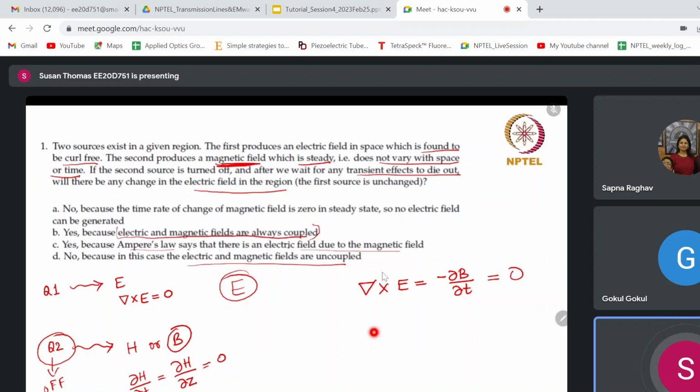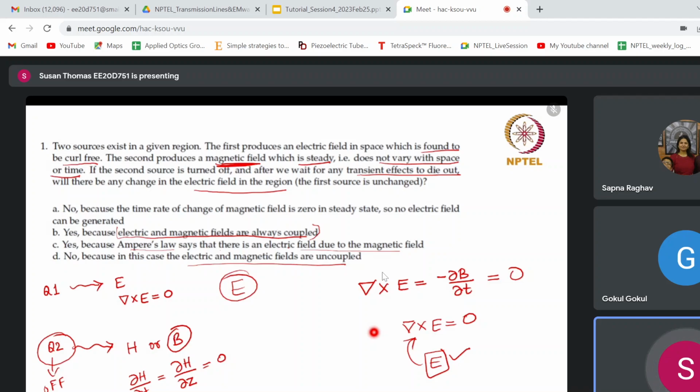Okay, so now what is the meaning? Del cross E is 0. That is, you can have an electric field for which the curl will be 0. Okay, curl will be 0.